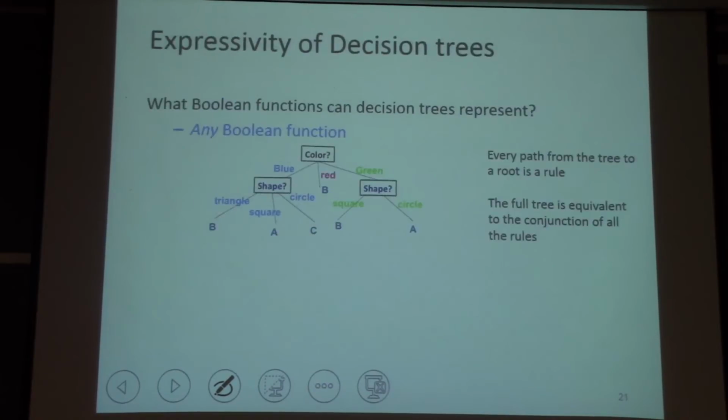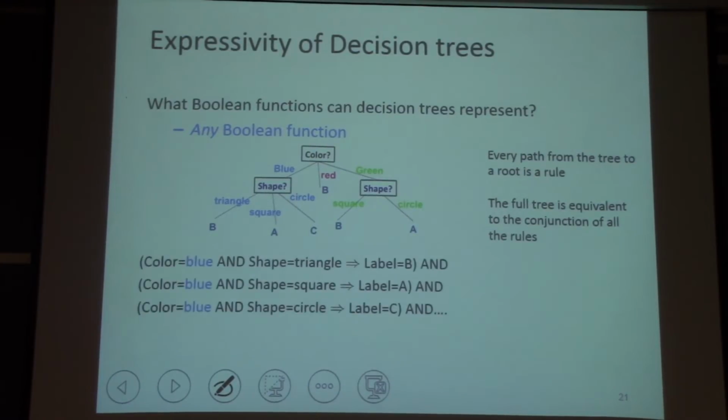So that's exactly the next slide. You can represent every Boolean function using a decision tree. And one way to see that is, suppose that you had only two labels, true and false. Instead of A, B, C, suppose you had only two labels. Then every path from the root to a leaf is a conjunction.